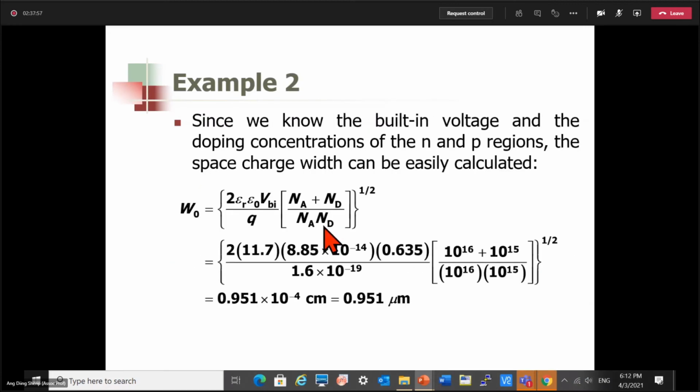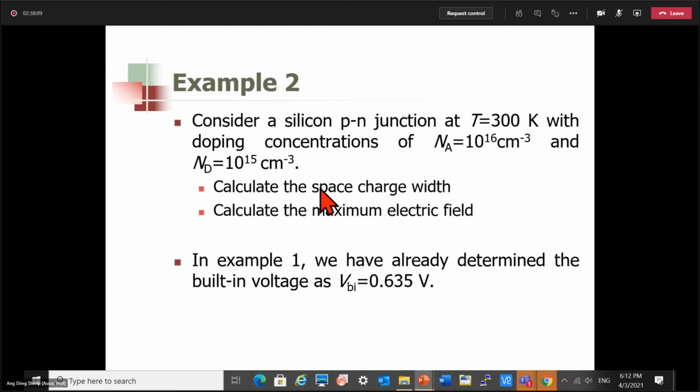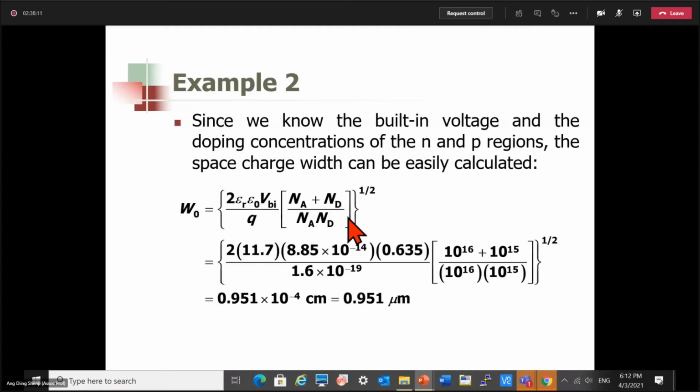To calculate the space charge width, we just apply the equation that we derived earlier. The doping concentration terms are known and VBI is known. The relative permittivity of silicon is 11.7, and the permittivity of free space is 8.85 times 10 to the power minus 14 farad per centimeter, because I have used the doping terms in centimeter.